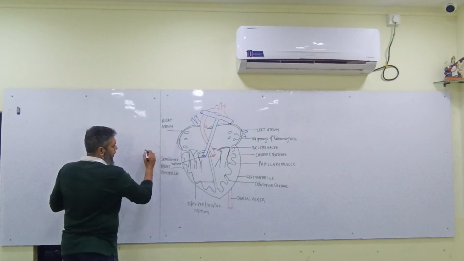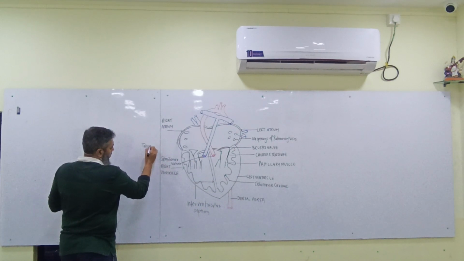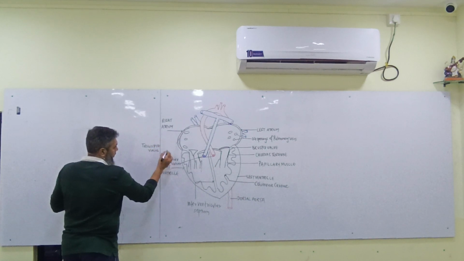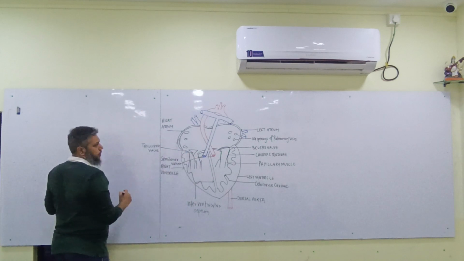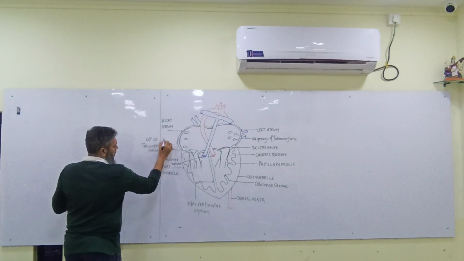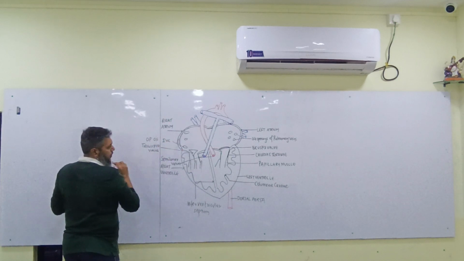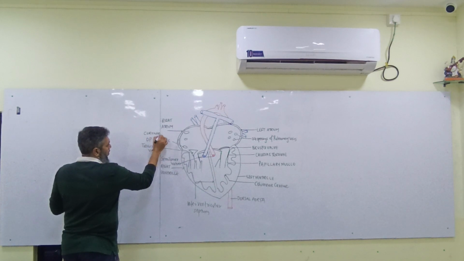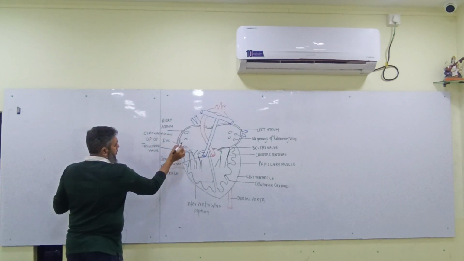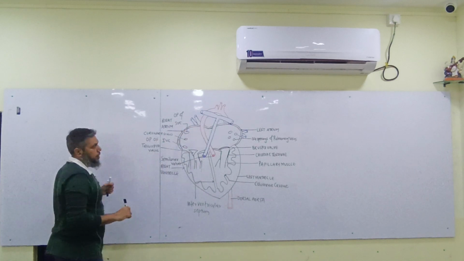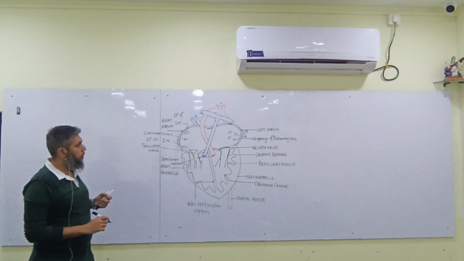Okay, then the tricuspid valve, which is 3. This is the opening of the inferior vena cava. Then this is the opening of the coronary sinus. The opening of the superior vena cava. Okay.